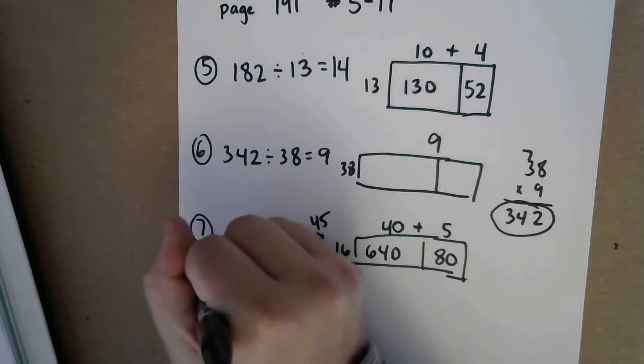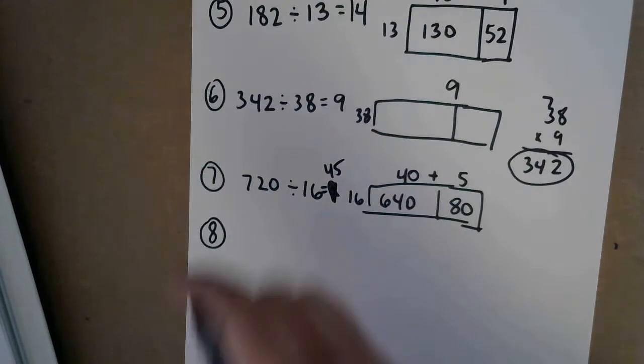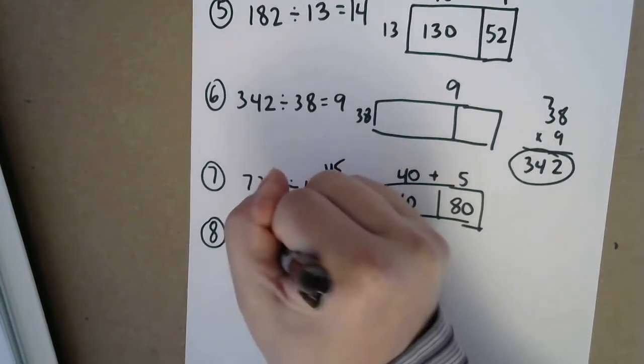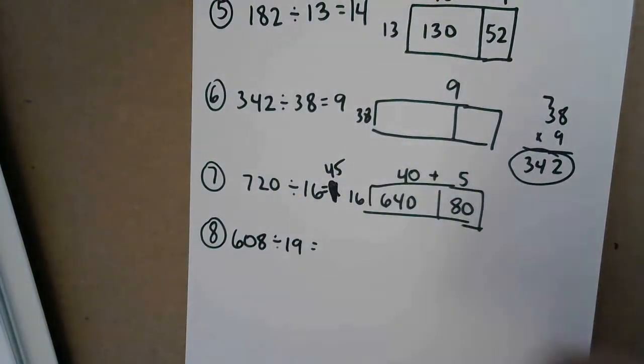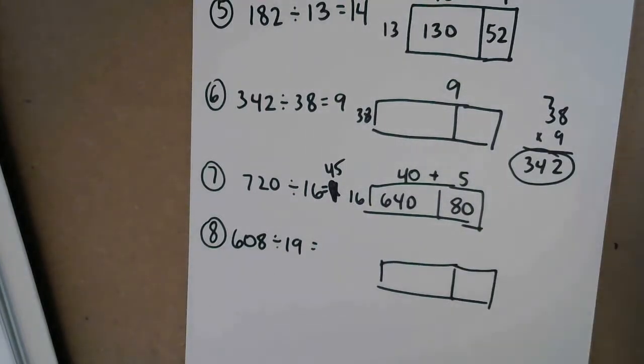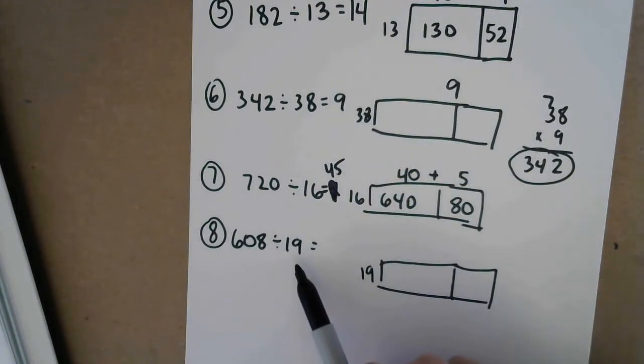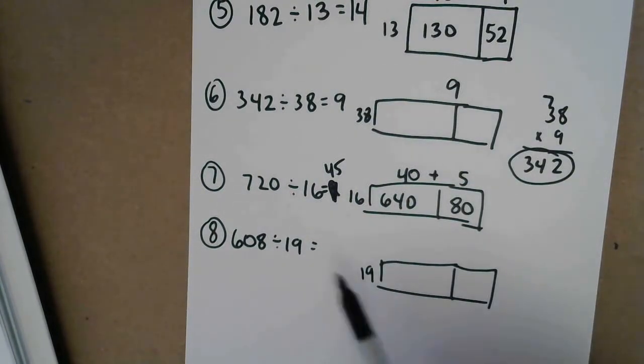Let's take a look at number 8. Number 8 says 608 divided by 19. Okay, so I can again make my model. There's my little model there. I think about 19, that's going to be my number here. Think about compatible numbers. 190, that seems like it would be fitting, right? But maybe I can go bigger than that.